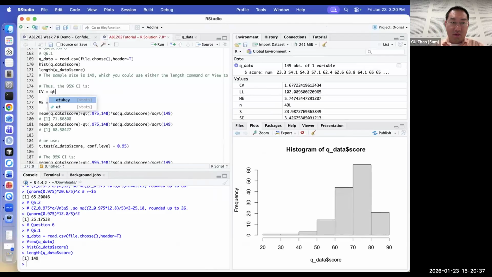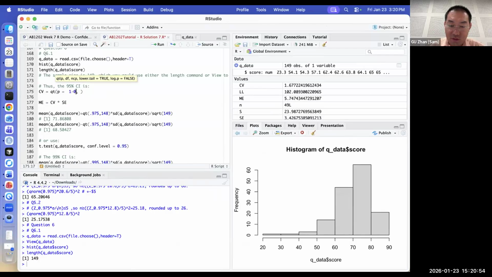So QT, then probability: 95% confidence, 1 minus 0.95 is 0.05.